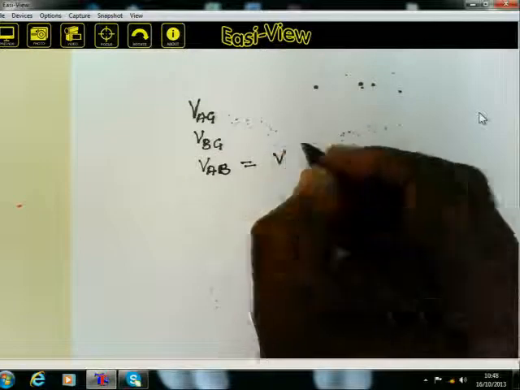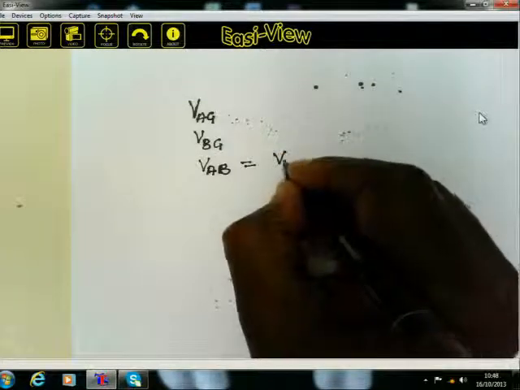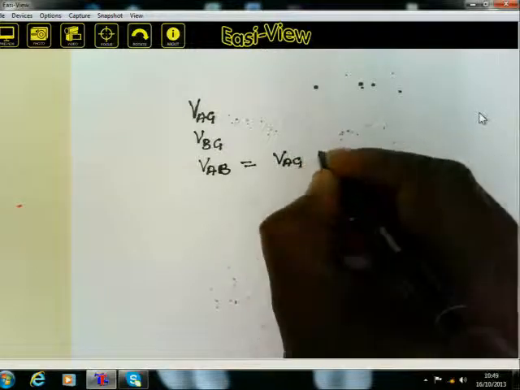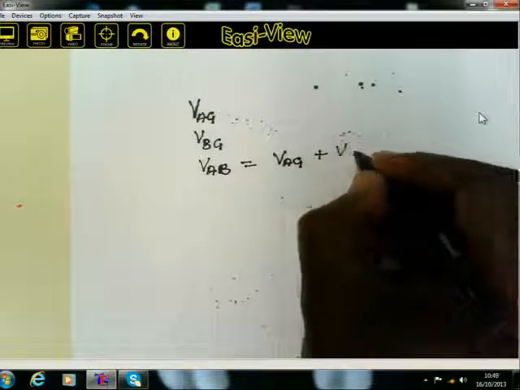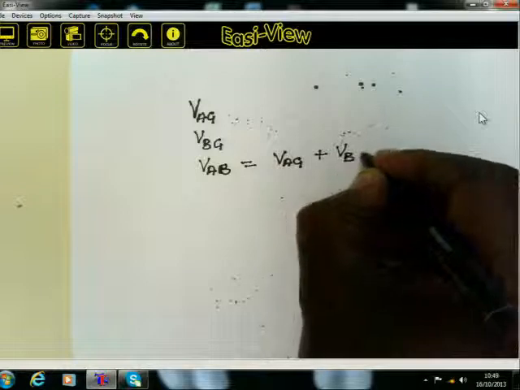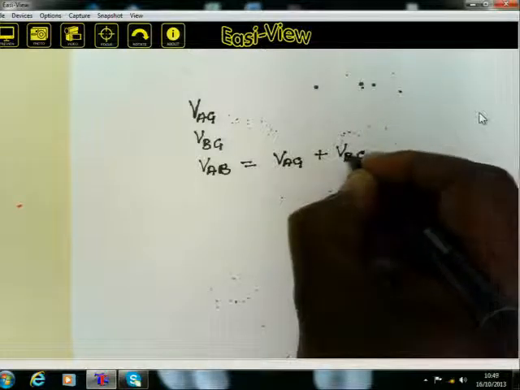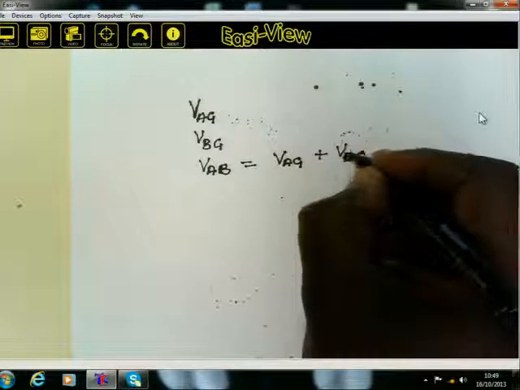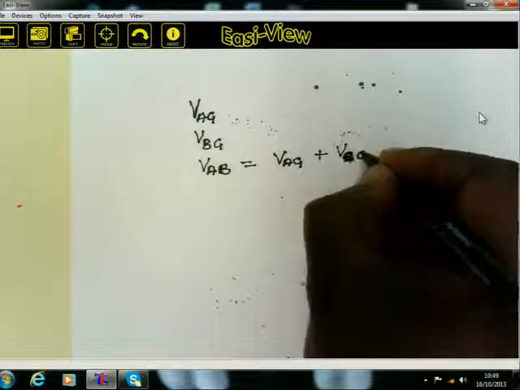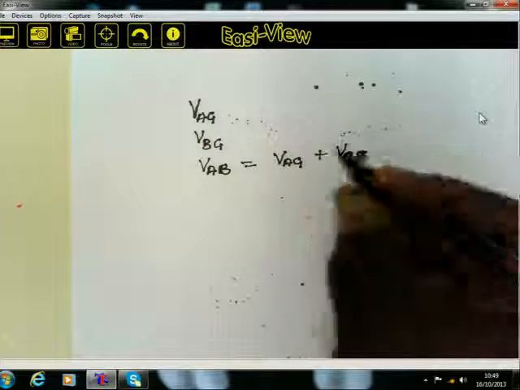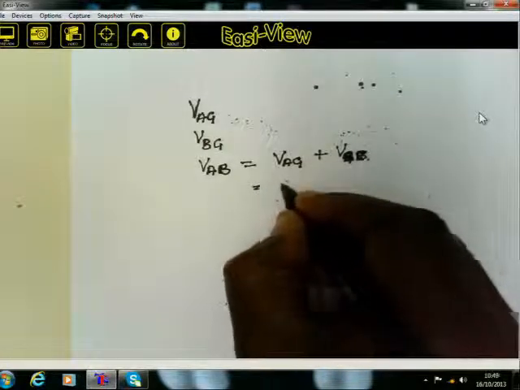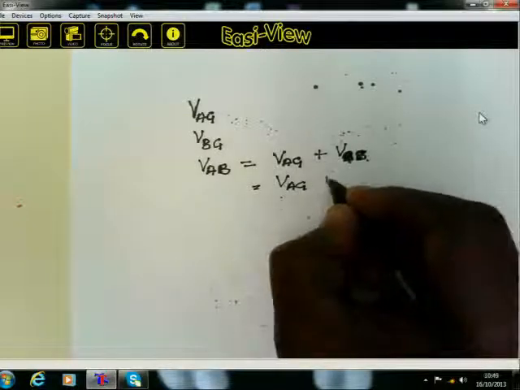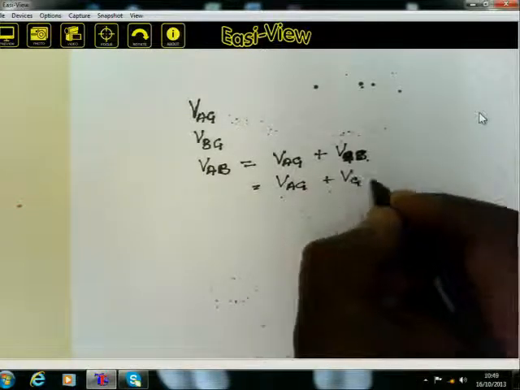the velocity of A relative to the ground plus the velocity of the ground relative to B. Let me just write this correctly: VAG plus VGB.